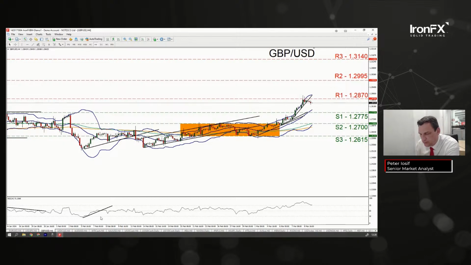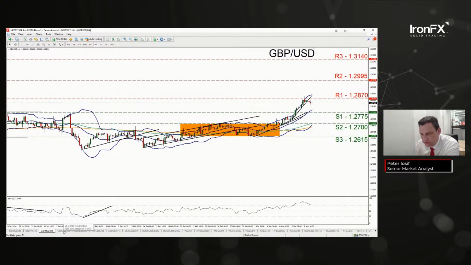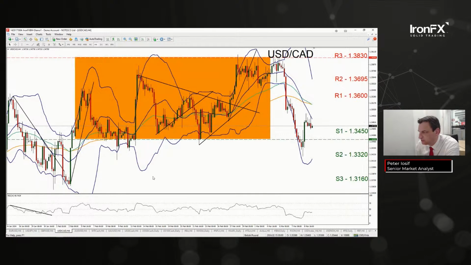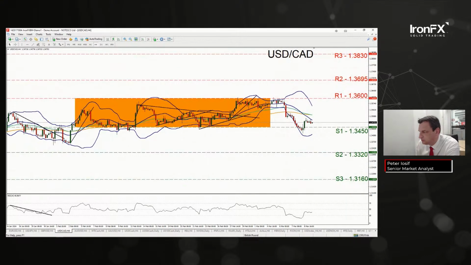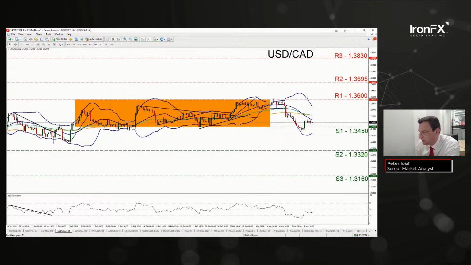Okay, let's have a look at USD CAD. Now USD CAD has dropped practically, I didn't say bounce, it even at some point breached the 1.3450, yet corrected higher.